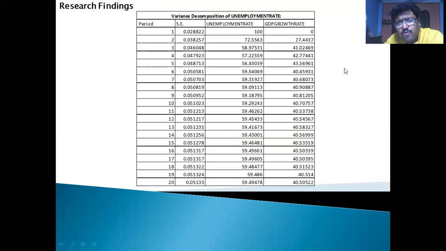And this is the forecast error variance of the unemployment rate. So if you take 20 quarter periods, you can say that the fluctuation in the forecast error variance is actually affected by the GDP growth rate, and it is near about 40.50%. GDP growth rate is responsible for the variation in the unemployment rate in the economy of Japan over my study.